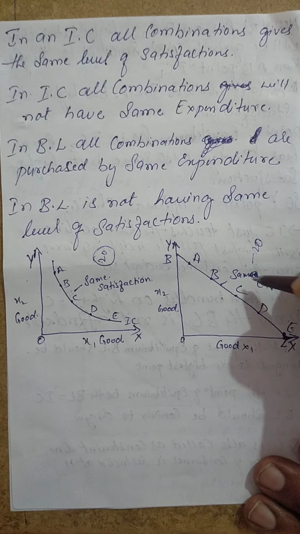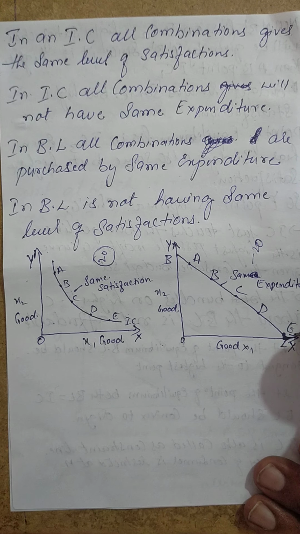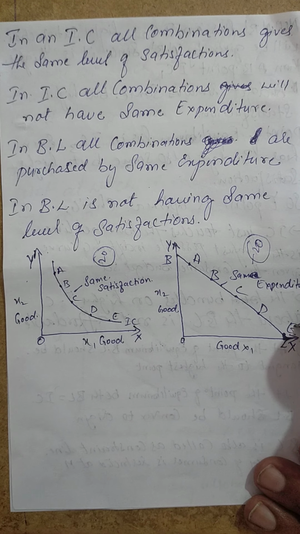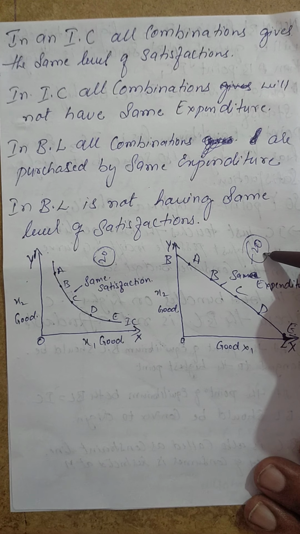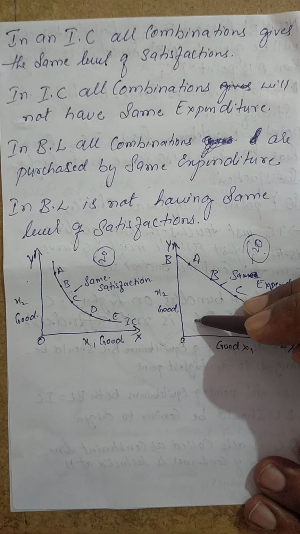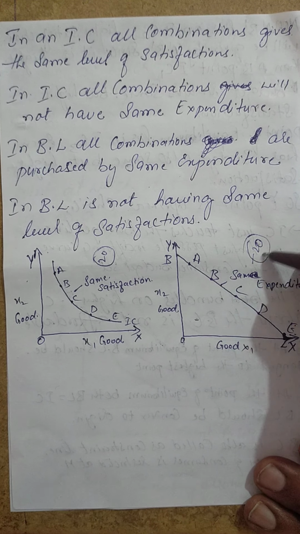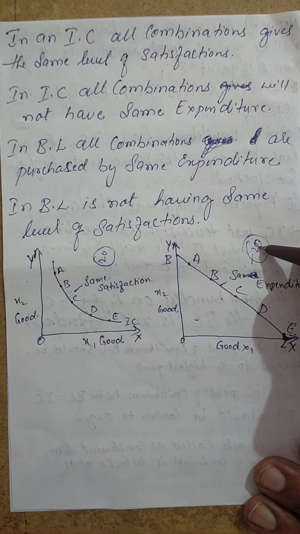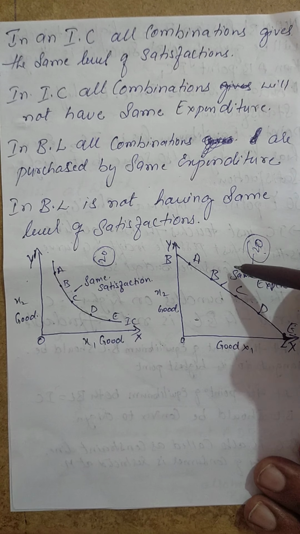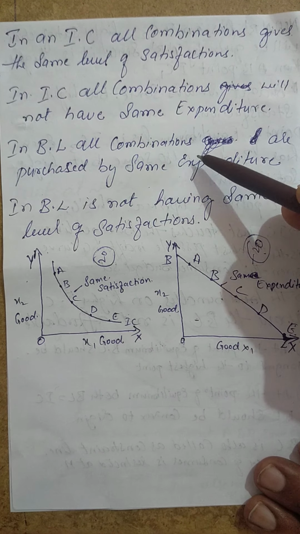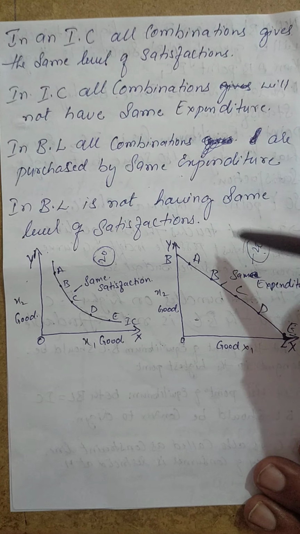Say 20 rupees, all these combinations are purchased with that particular 20 rupees. You should not save even a single rupee. That is what the budget line rule says. If he is saving, we call the goods inferior, and we will not consider it, which is neglected from the consumer's point of view. So the maximum amount of goods consumed for this amount will be seen. That is why we call it the budget line. All combinations are purchased with the same expenditure.